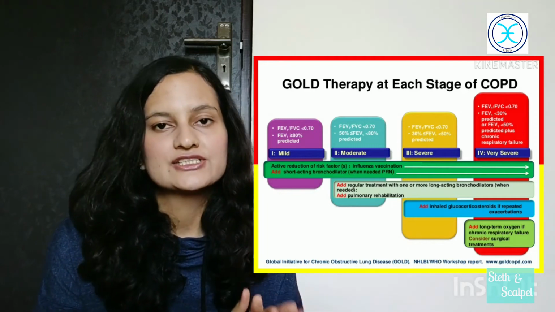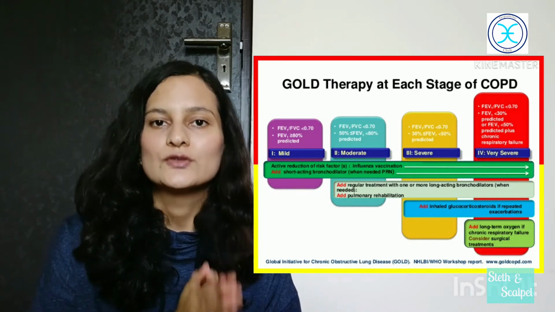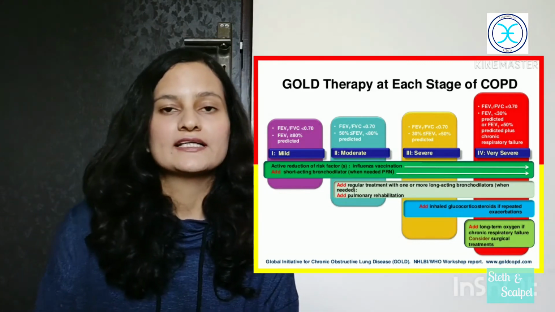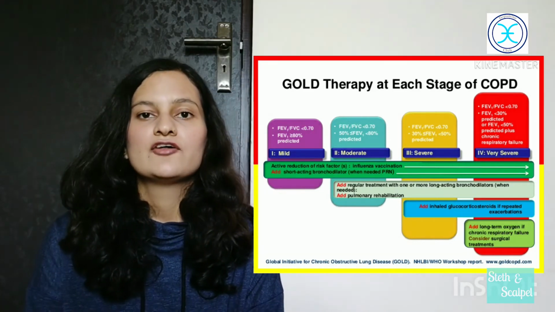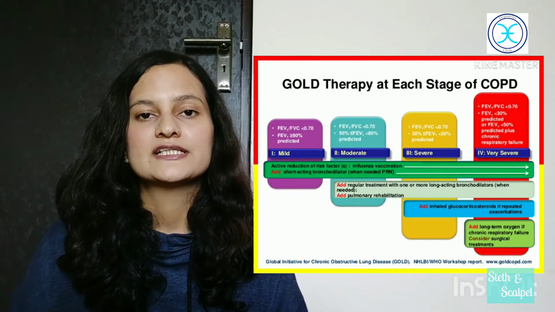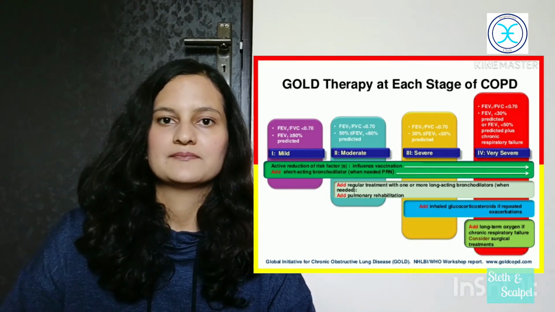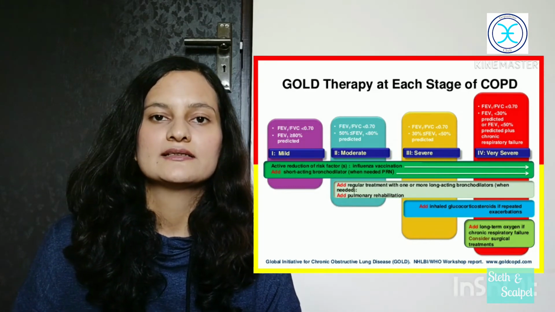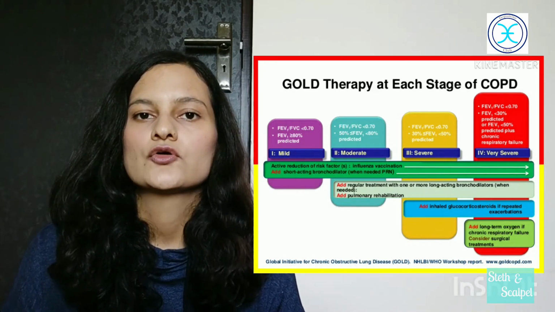In mild stages, a short-acting bronchodilator will work. For the moderate stage, a long-acting bronchodilator plus physical therapy or pulmonary rehabilitation is necessary. In severe stages, a long-acting bronchodilator plus inhaled glucocorticoids.